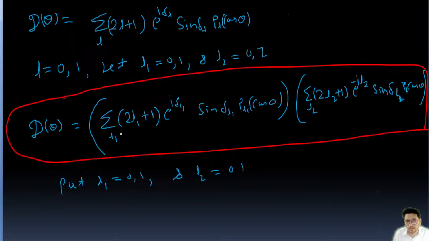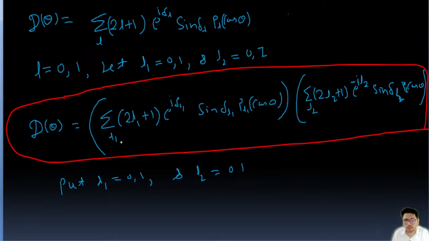First we put L1 equal to 0 and L2 equal to 0. Then L1 equal to 1, L2 equal to 1. Then L1 equal to 0, L2 equal to 1. Then L1 equal to 1, L2 equal to 0.